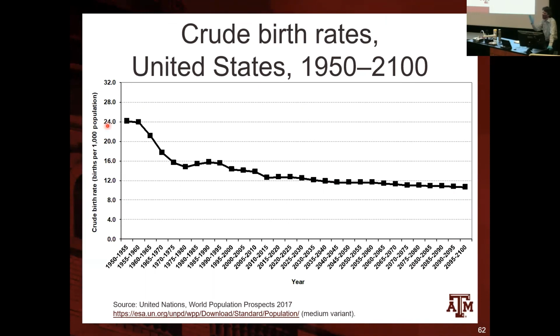It's still possible to understand it, but for crude birth rates and crude death rates, that's the standard that we use. And exactly because births have been declining over time, we see this decline in the US in the 60s and 70s, and then it keeps declining, but then we start to see some projections that say it might decline still over time, but it's much more stable than it was in the past.